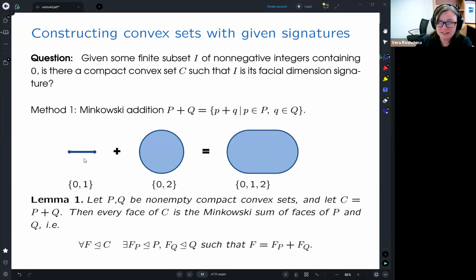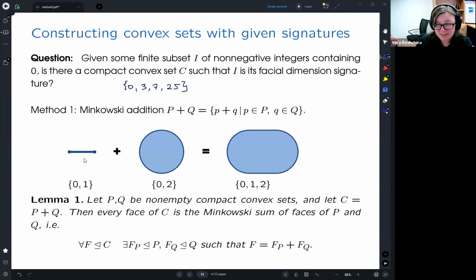So if I write 0, 3, 7, 25, can I then produce a compact convex set for which faces will have these exact dimensions?